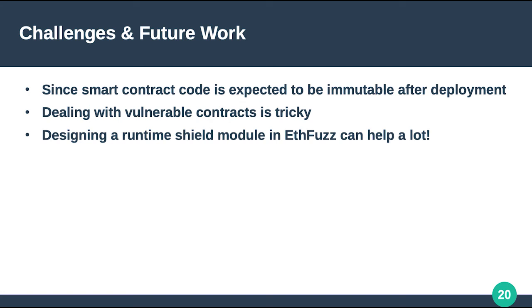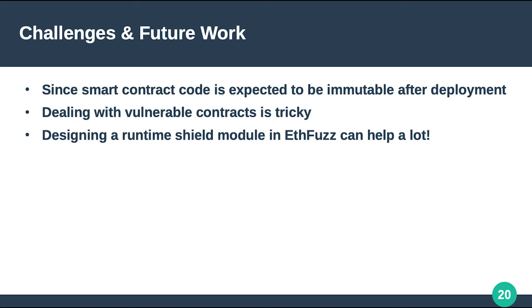So regarding challenges and future work, since smart contract code is expected to be immutable after development and pushing to the mainnet, and contract owners are anonymous, like people who have Ethereum, Bitcoin, and other tokens, responsible disclosure is usually infeasible.